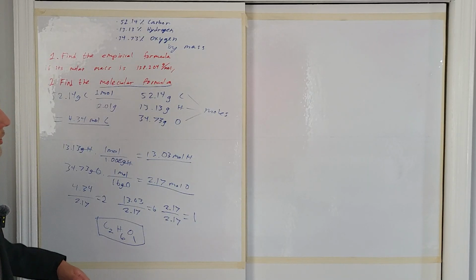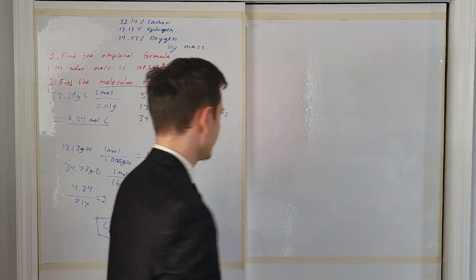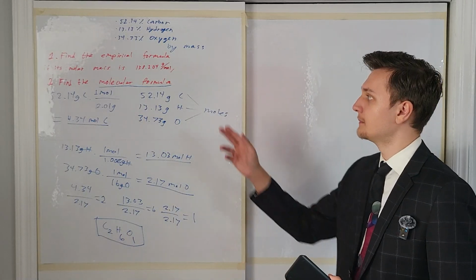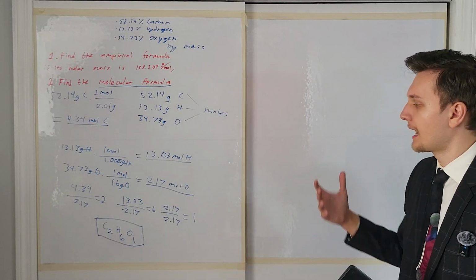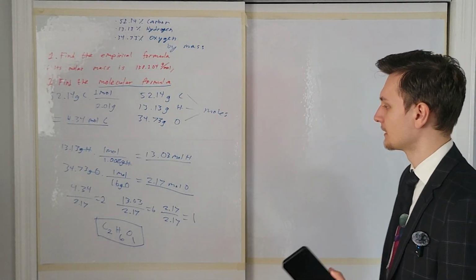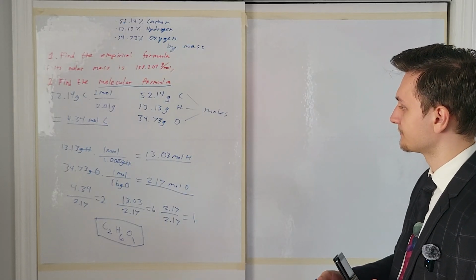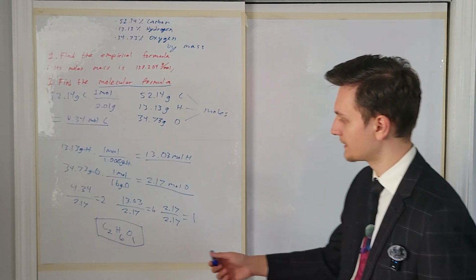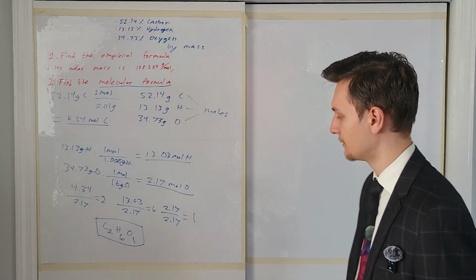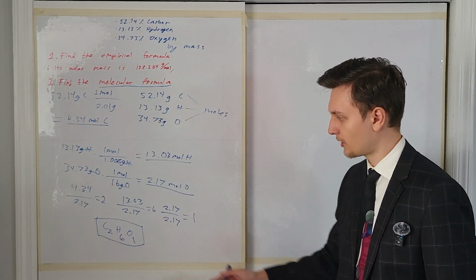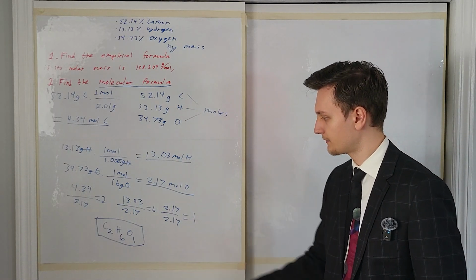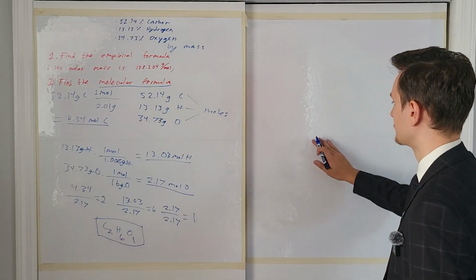Now we can do that on this side of the board, okay? So we know what ratio our atoms are in. To find the molecular formula, we need to figure out how much of each atom is present in one molecule, okay? So the way we do that is first we need to find the molar mass of our empirical formula, okay? The molar mass of carbon is 12.01, hydrogen 1.008, oxygen 16.00.